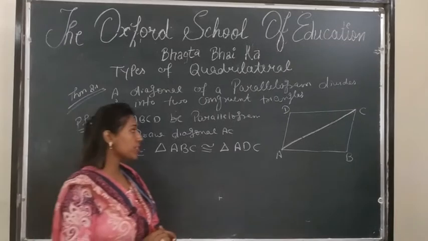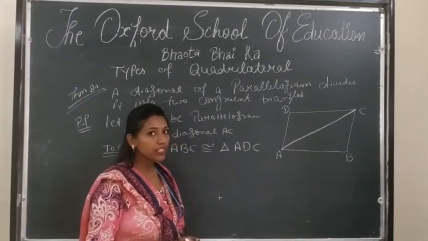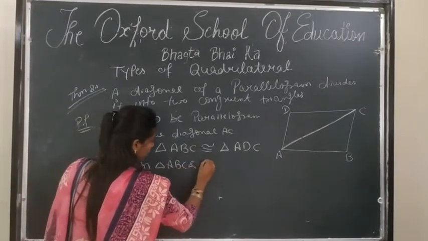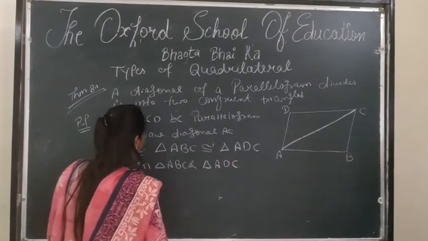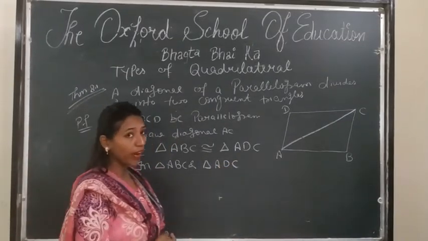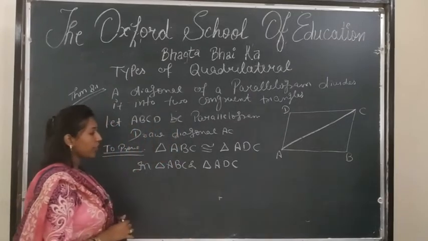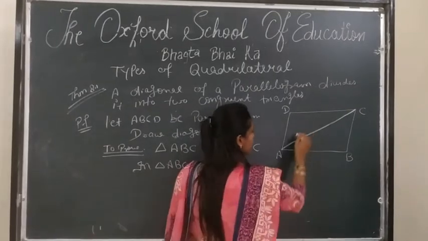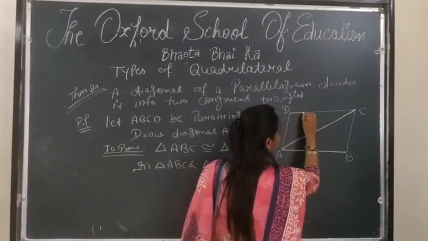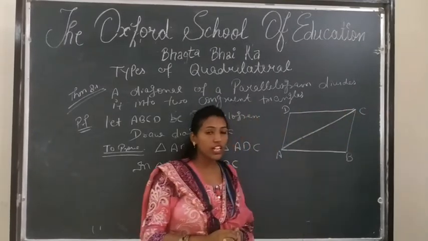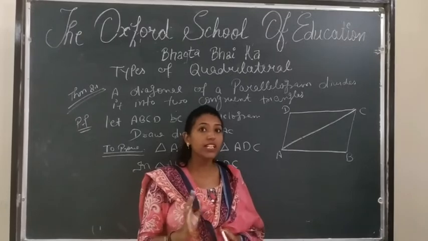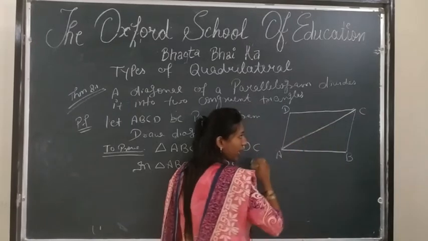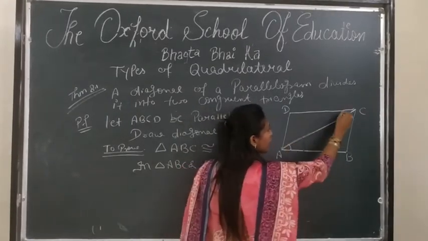So how will we prove these two triangles are congruent? We had done this in the 7th chapter. First of all, take these two triangles ABC and ADC. Now find three things that are equal in triangle ABC and triangle ADC. We are given that this is a parallelogram. So this side is parallel to this side, and we had done the result of parallel lines and transversal in the 6th chapter, that when two lines are parallel and AC is a transversal, then this angle is equal to this angle.